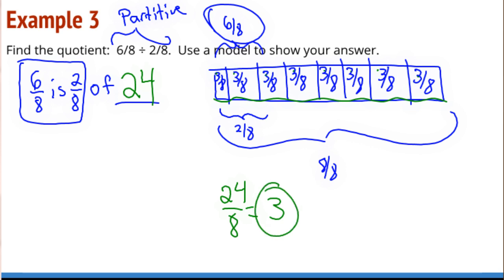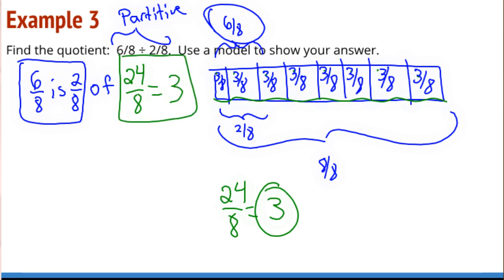So 6/8 is 2/8 of 3. Boy, that was almost a big mistake there. So it's important to make sure that we slow down and think about what's actually happening here. I just saw the 6 cut into 2 parts, but it's really 6/8 cut into 2 parts. So each of these units here is equal to 3/8.